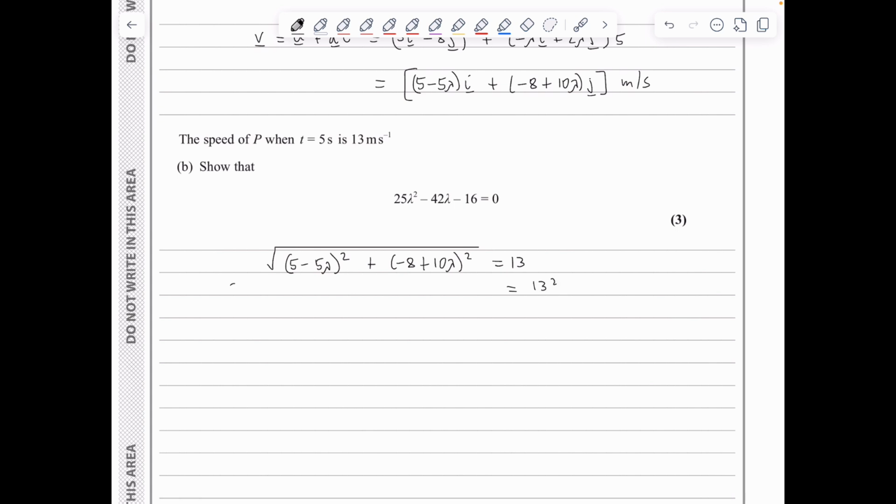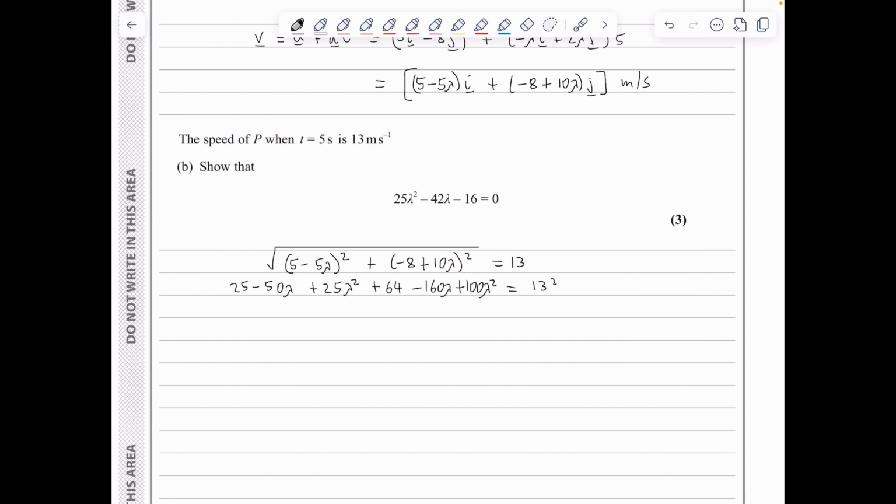So we're looking at 25 − 50λ + 25λ² + 64 − 160λ + 100λ². I will be collecting like terms on the left hand side.